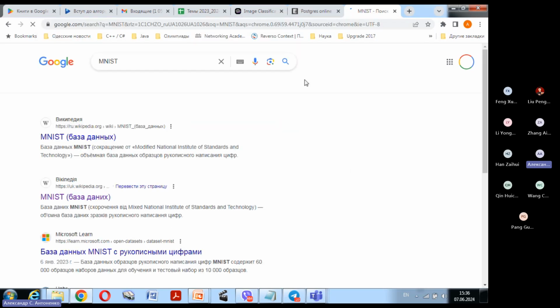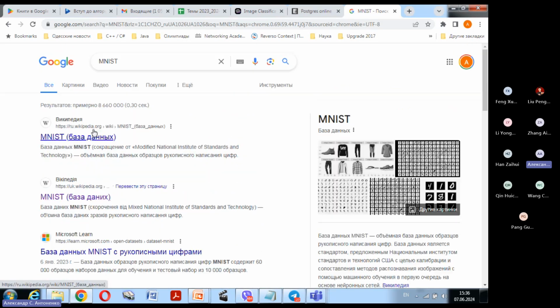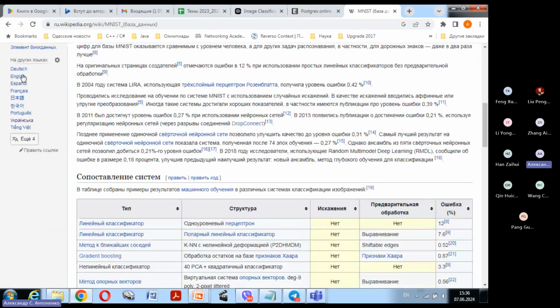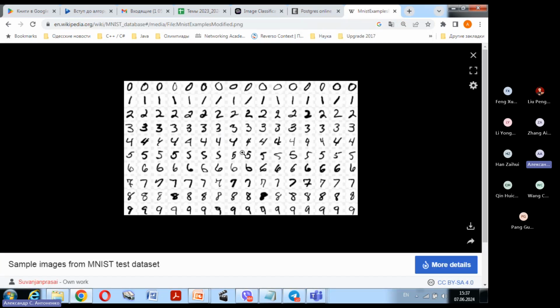It's a database consisting of handwritten digits.